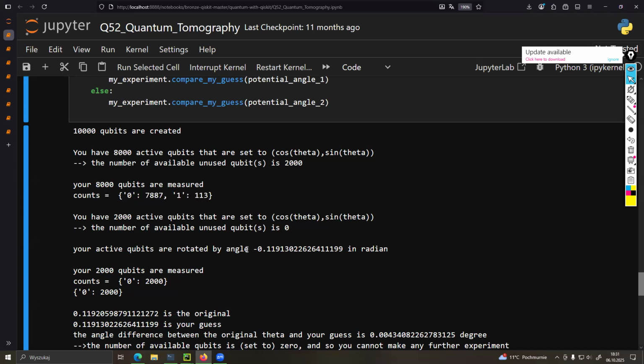I said that this is my proposed angle. This is in radians. So I rotate it in reverse order to rotate it onto the zero. And when we say that this is our angle, I proposed it.